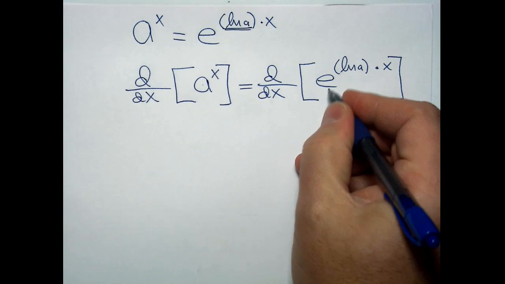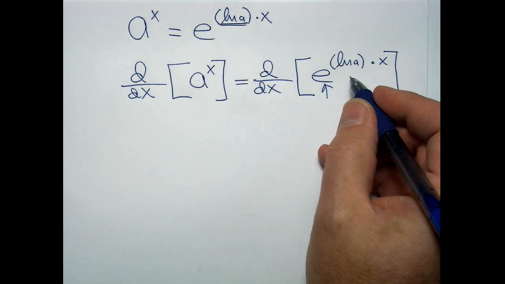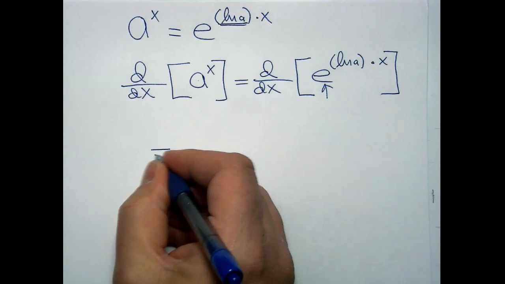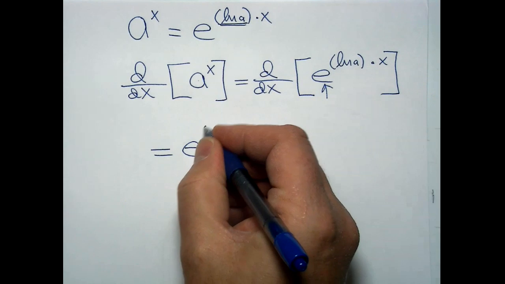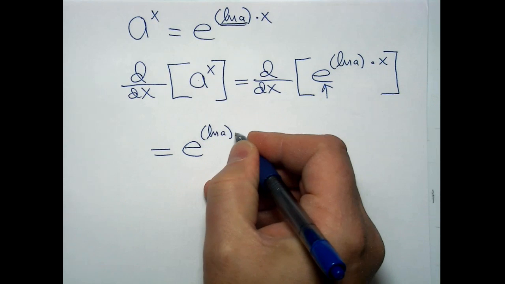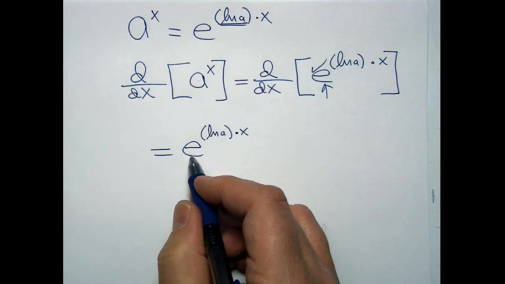Now, this is a derivative we know about. The derivative of e raised to a power is e for easy. It simply is e raised to that power. The whole thing. So remember, we check off e for easy, and it's just the same darn thing.